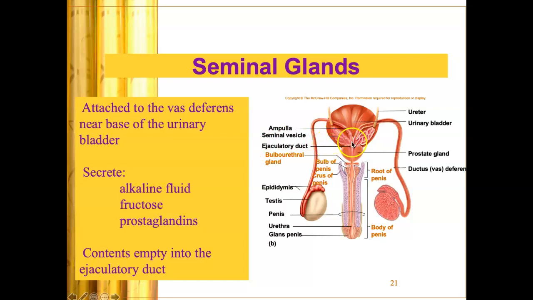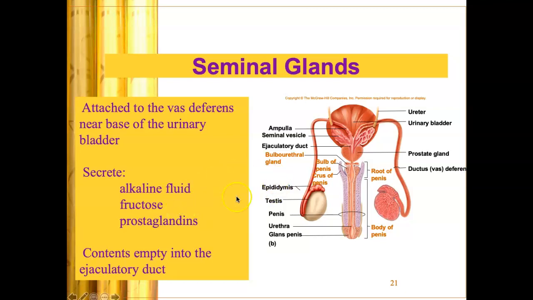And this gland is going to secrete alkaline fluid. The vagina is acidic to prevent infection because the vagina is basically an opening to the body, and the acidity protects the woman. So sperm cannot swim and function in that acidity, so they bring their own neutralizing alkaline fluid.